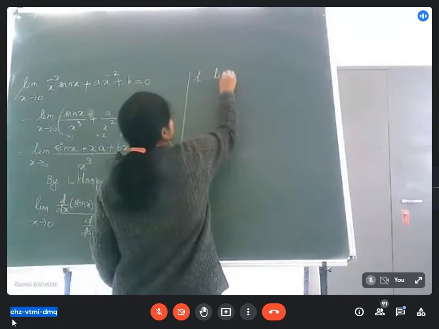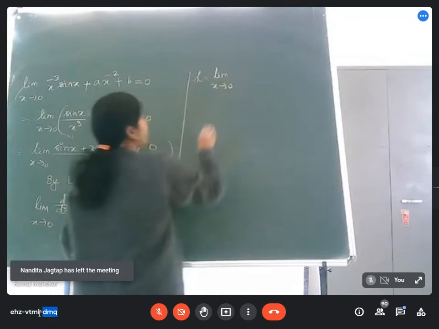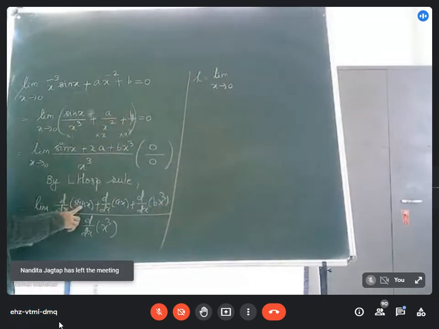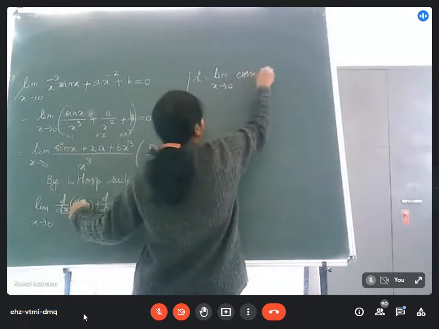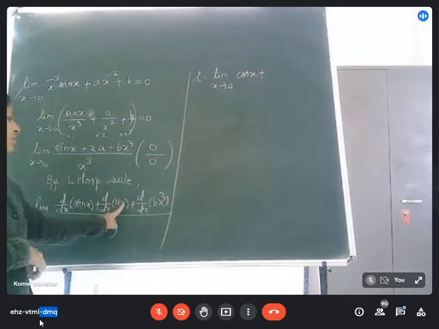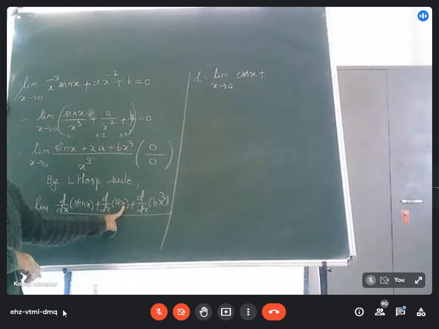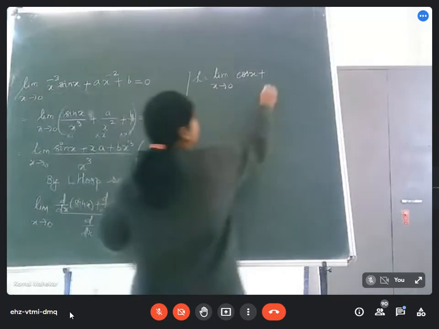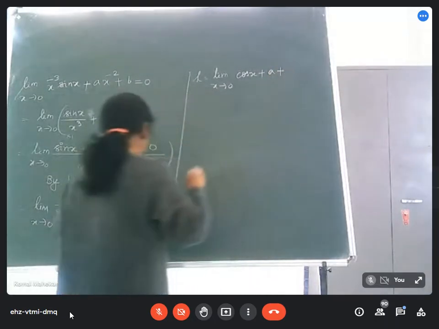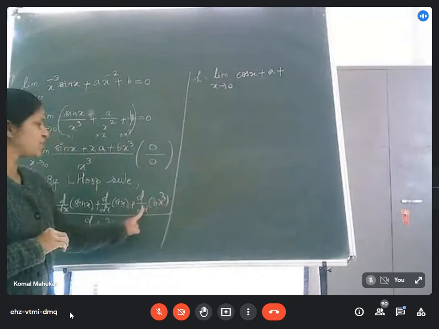Limit x tends to 0. d by dx of sin x, that is cos of x, plus d by dx of ax with respect to x. Derivative of x with respect to x is only 1. a is constant, a into 1, that is a, plus derivative of this bx cube with respect to x.